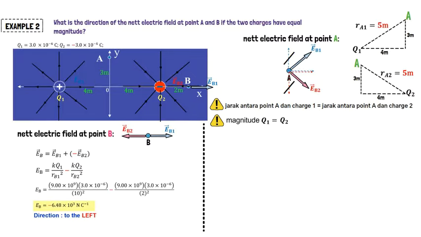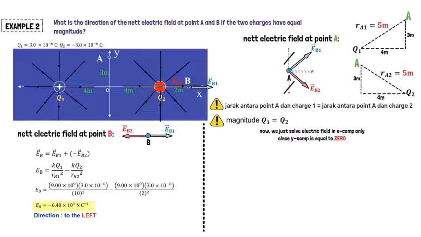Sebab nilai EA1Y sama dengan nilai EA2Y. Cuma yang membezakan adalah direction, di mana EA1Y is upward direction while EA2Y is downward direction. Okay, jadi kita boleh cancelkan untuk Y component. Jadi sekarang kita hanya tinggal X component sahaja.